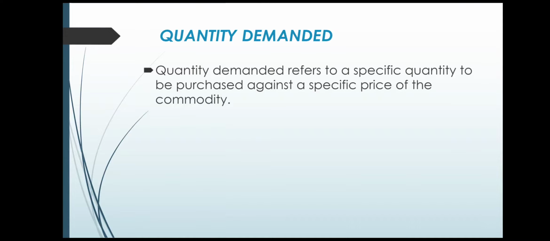Now the difference between quantity demanded and demand is that demand is tentative in nature, but quantity demanded refers to the exact specific quantity that is to be purchased against the price of the commodity. If the quantity is demanded, that means that if a particular product has been asked for by a consumer, it will be called as quantity demanded and not demand.